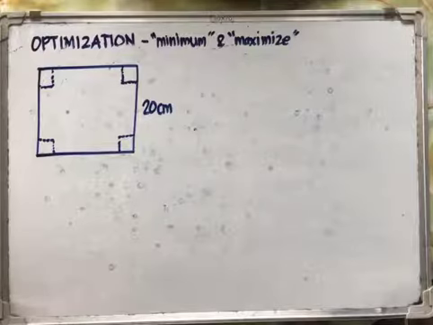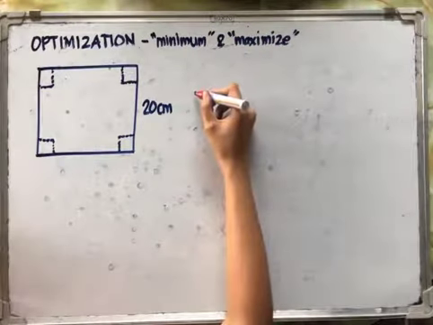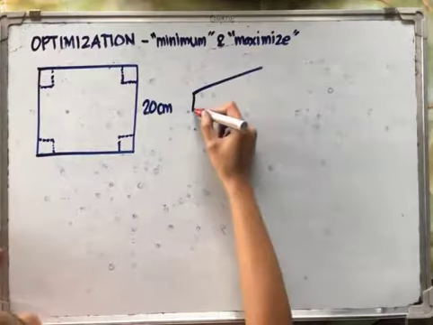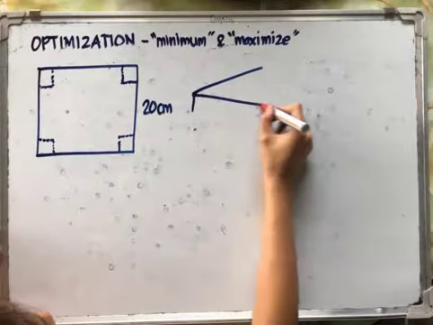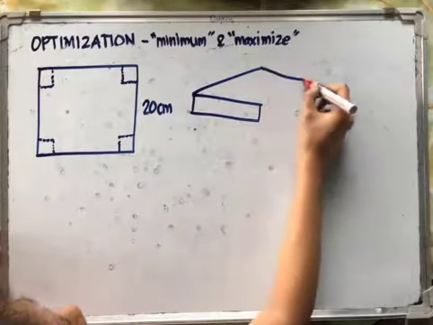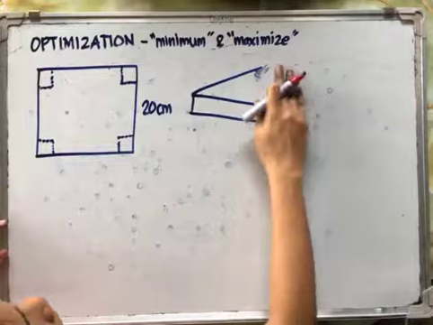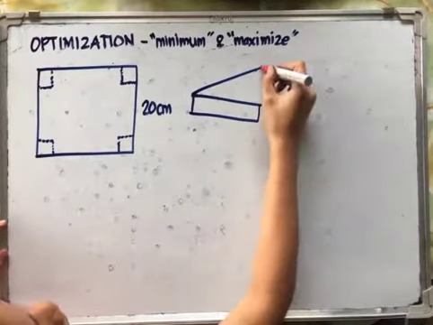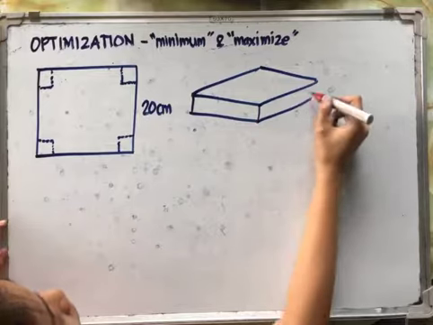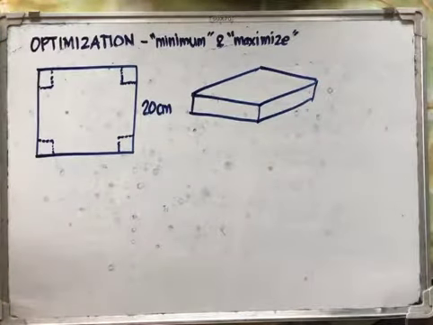Na 3-dimensional figure ang gagawin natin dito. And that box would look like this one. Ayan. Then, ito natin. Okay. Ganito yung magiging itsura ng box.